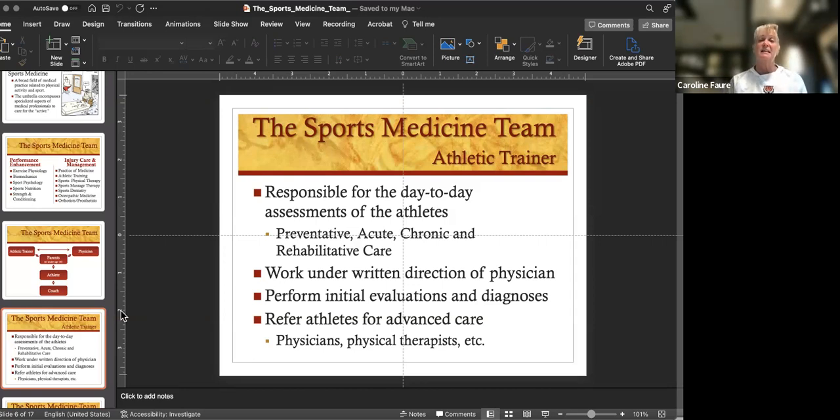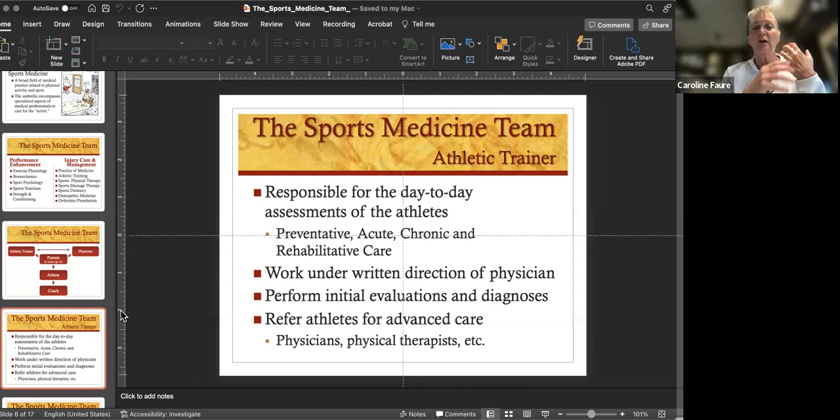It can be that initial evaluation of the athlete. It can be designing rehabilitation plans. These folks are super educated in a whole bunch of different areas. And I may add that often the high school athletic trainers are the best athletic trainers out there because they're used to dealing with so many sports and so many different age levels. So props to the high school athletic trainers.